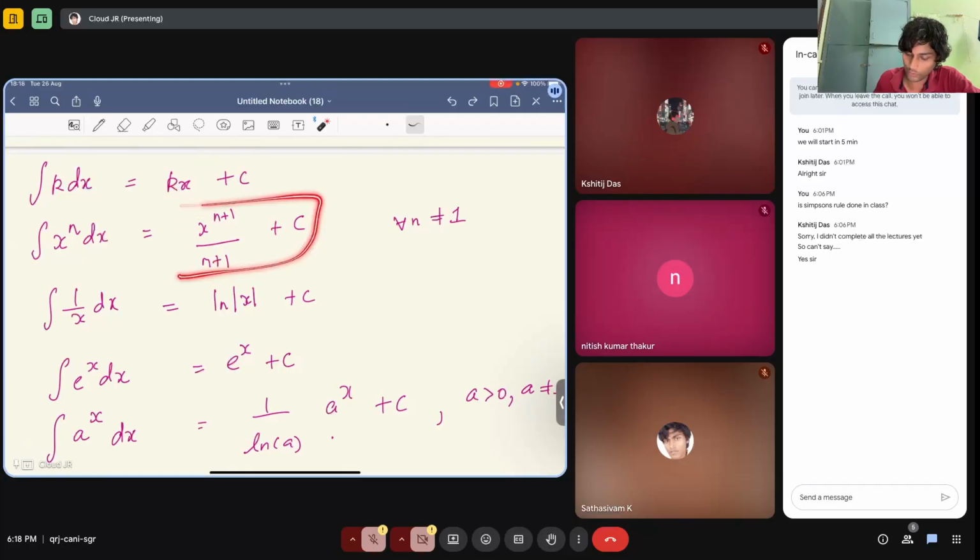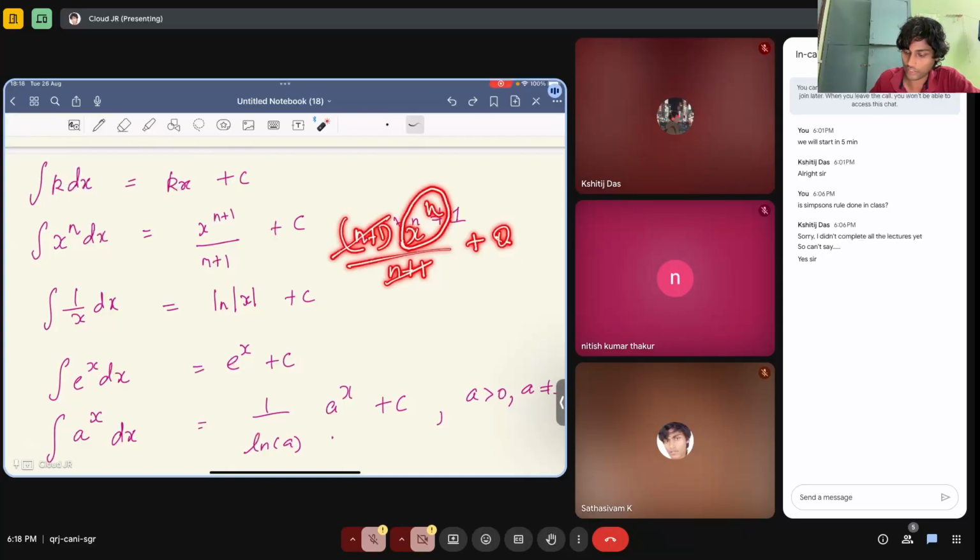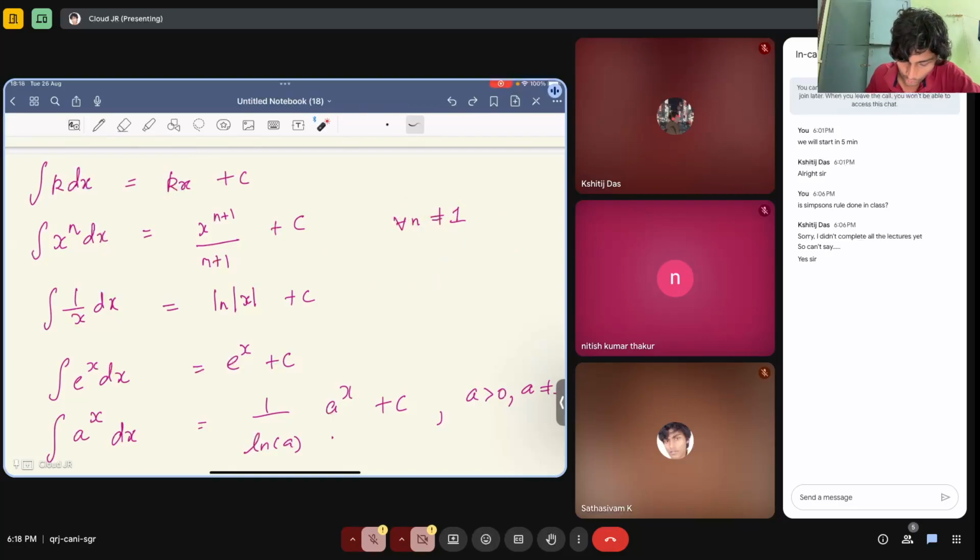If you take the derivative of this, what happens? This is x power n plus 1 divided by n plus 1, plus a constant, and the derivative of the constant is 0, so you don't have to worry about that. The n plus 1 will get cancelled, and whatever you get here is x power n, right? See, it's not x not equal to 1. It's n not equal to minus 1.